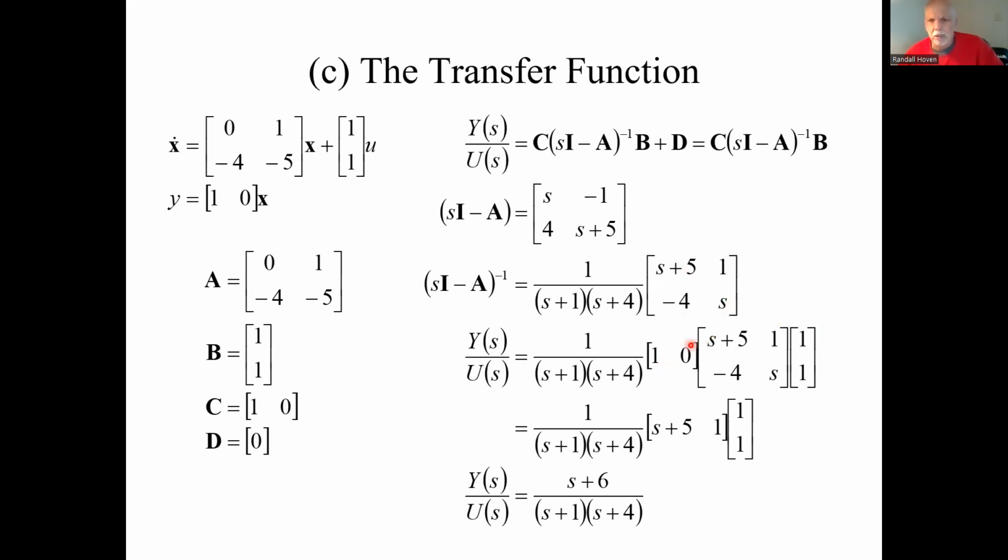First one will be s plus 5, 0 because that's 0. This will be 1, 1 plus 0. That's this first part. And when I add them up, I'll have s plus 5 plus another 1. Here's our transfer function.